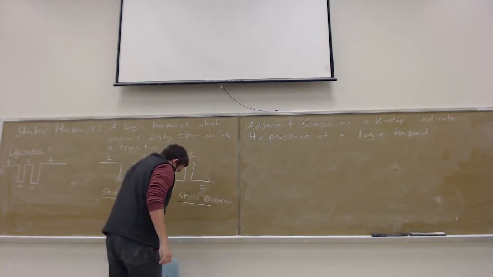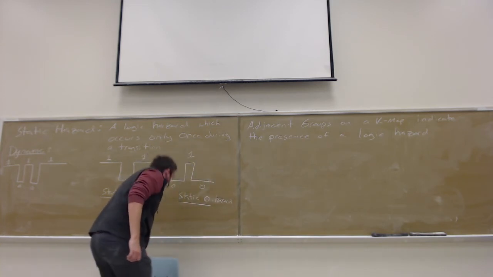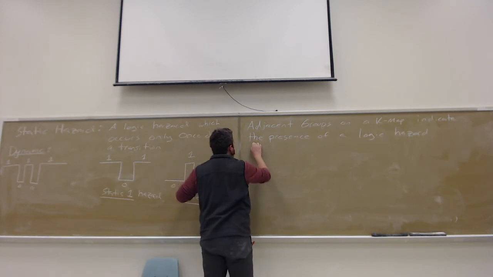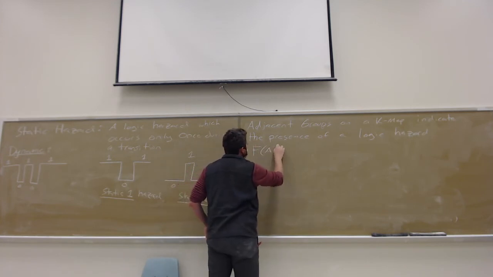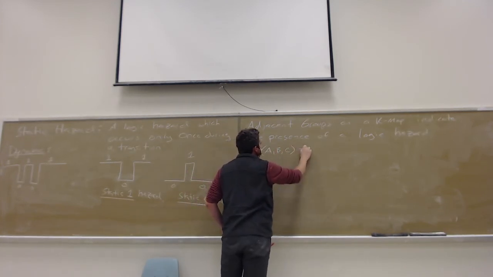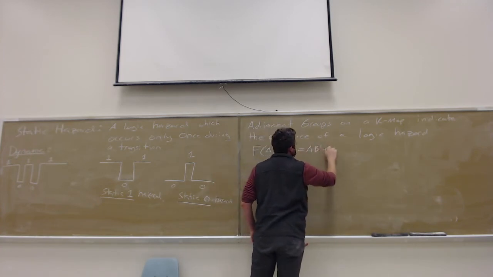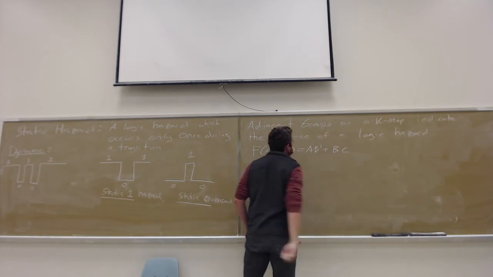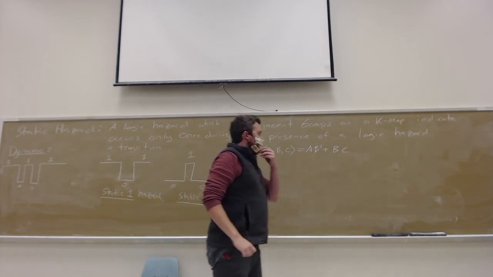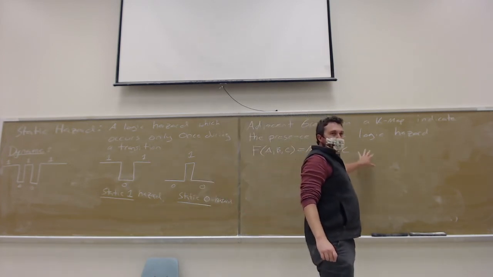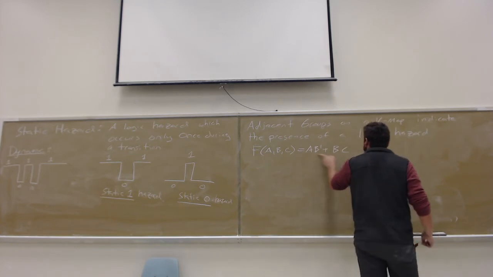So, let's do the one we just did, right? F, a function of A, B, and C, was equal to A and B prime, or B and C. So what we've got to do is the reverse engineered K-map thing. We're going to plot this on a K-map.